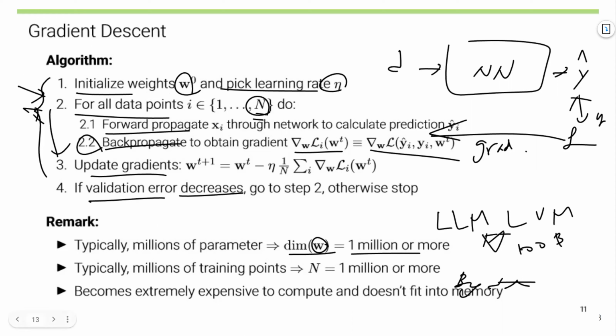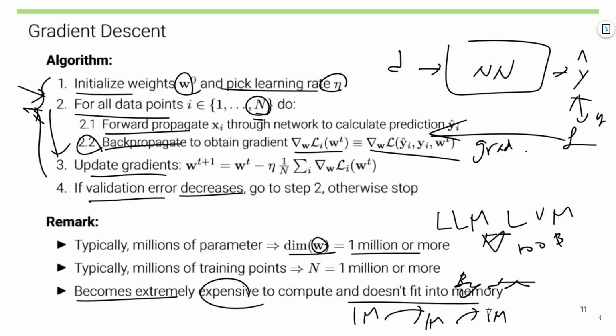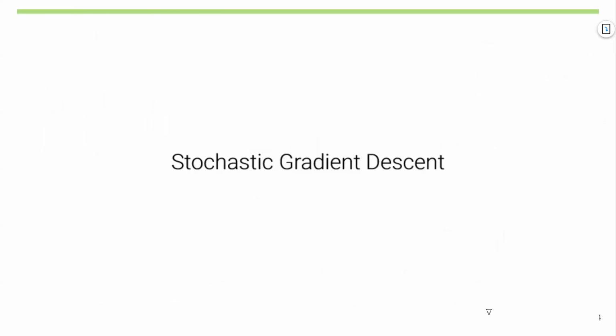And this becomes extremely expensive to compute and doesn't fit into memory. So we are calculating the gradient using, let's say our data set is 1 million, 1 million calculations. And for the second step, we need to do 1 million steps again. And for the third update, we need to calculate the gradient using 1 million data points. And this is not tractable and not feasible.